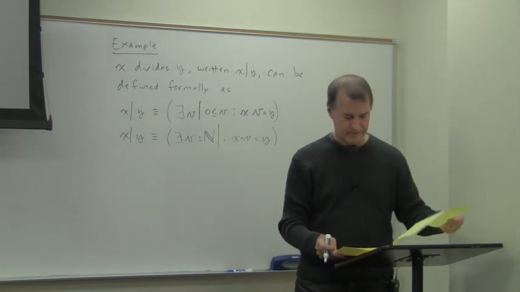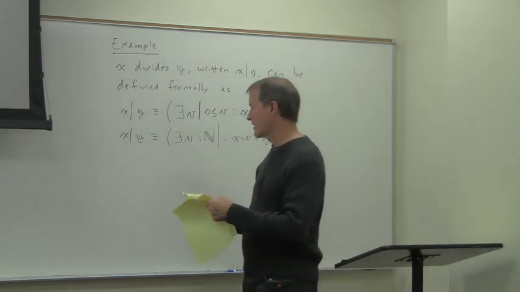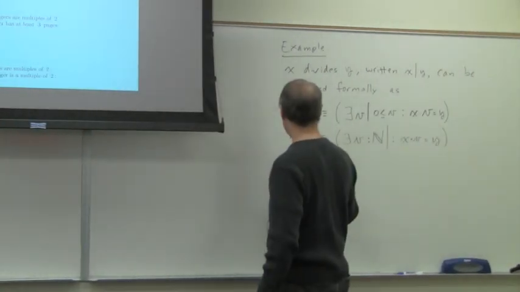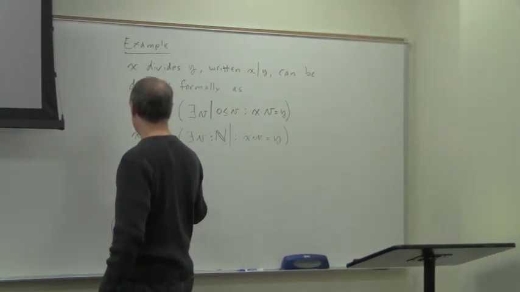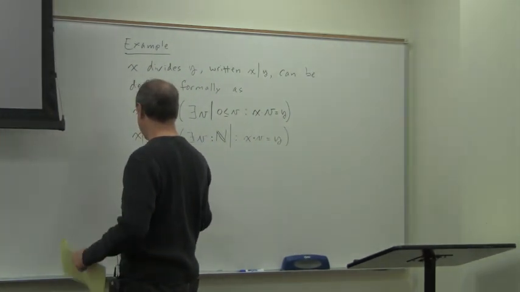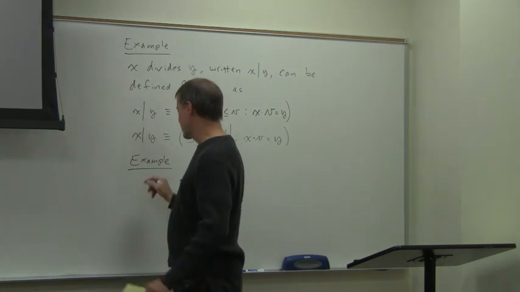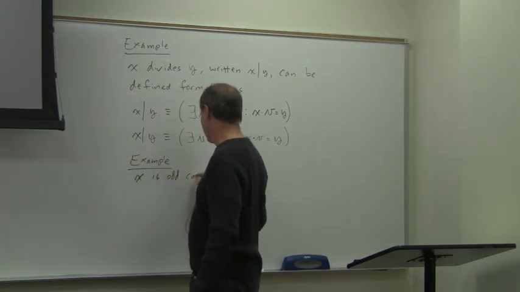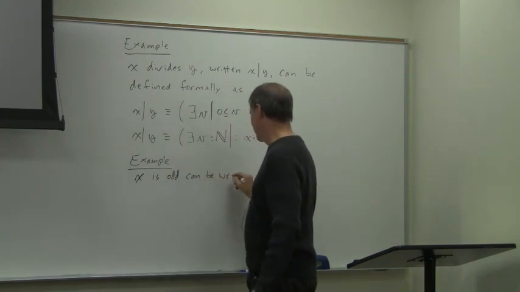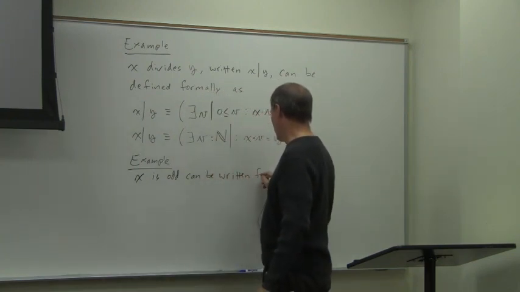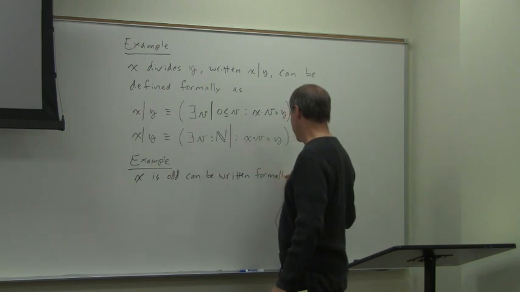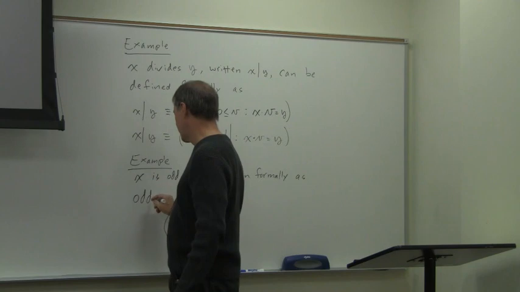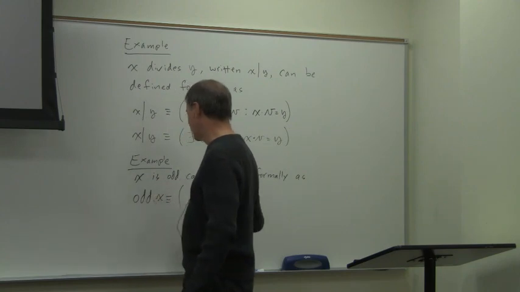Okay. Now, one more example. We have even up there. Anyone want to take a shot at this one? Yeah, X is odd can be written formally as, so what would odd dot x be equivalent to?